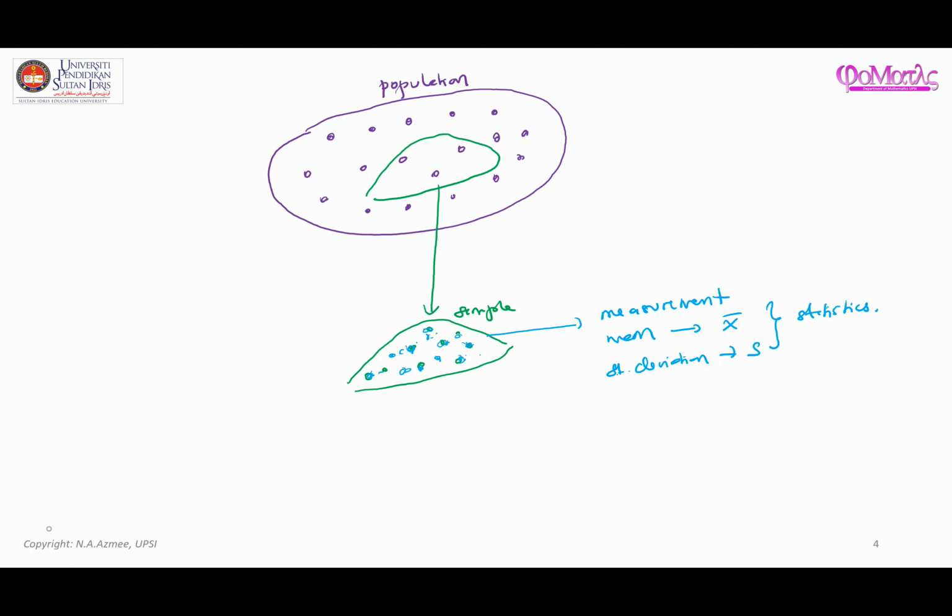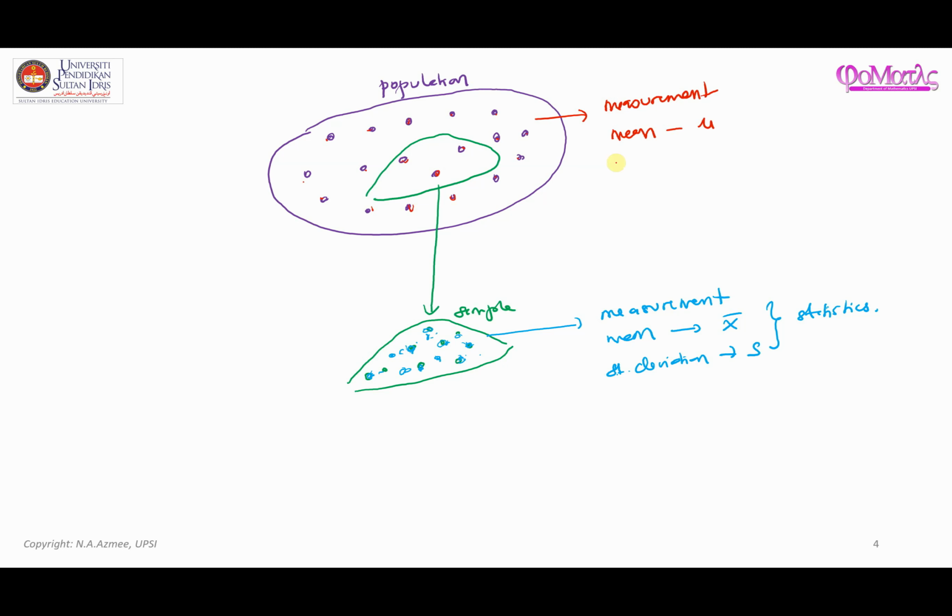Now, on the other hand, let's imagine you are able to collect all the elements in the population and you get some sort of measurement from those elements. Let's say you calculate the mean. The mean is usually denoted as mu, just to denote the difference between population and sample. So when the mean is calculated based on the whole population, it is usually denoted by mu.